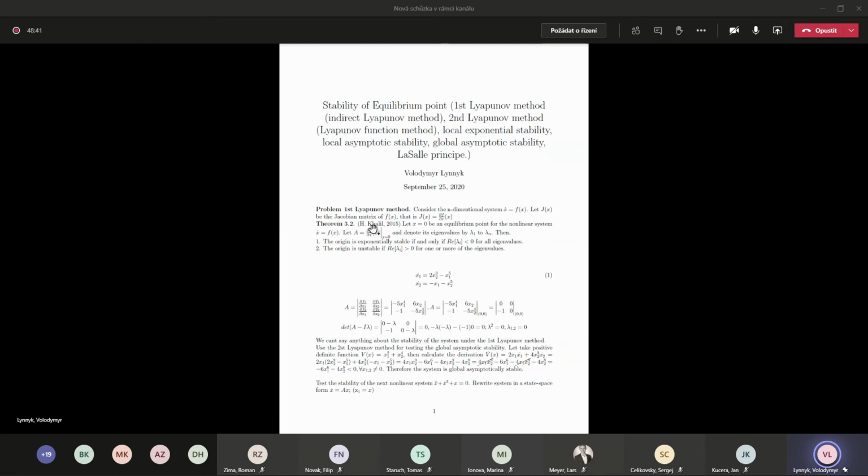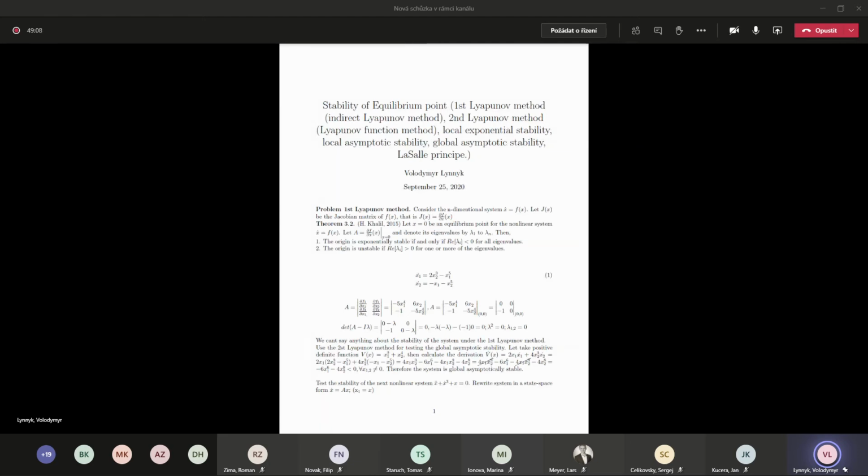The first Lyapunov method considers the n-dimensional system x dot equals f(x). Let A be the Jacobian matrix of f(x), that is equal to this one.